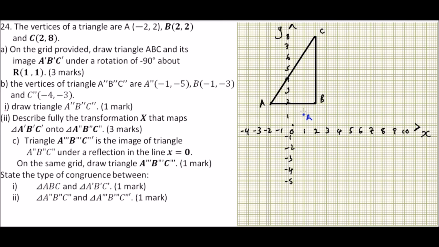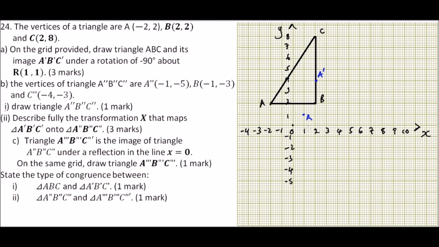So we can count from R to go to A, you move 1 unit along the y-axis. So we move the opposite along the x-axis. Along the x-axis, we move 3 points. So we move along the x-axis 1, then 1, 2, 3. So this is where we have our A prime.